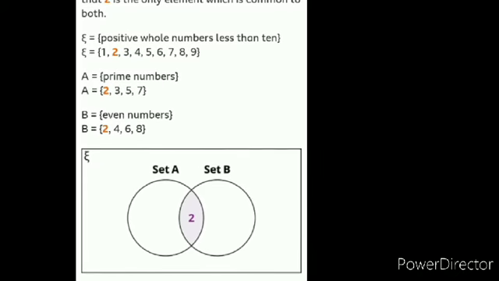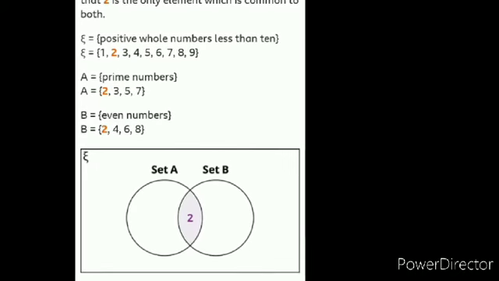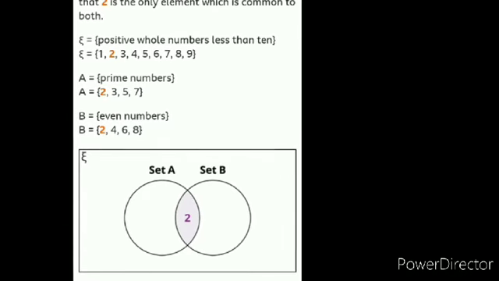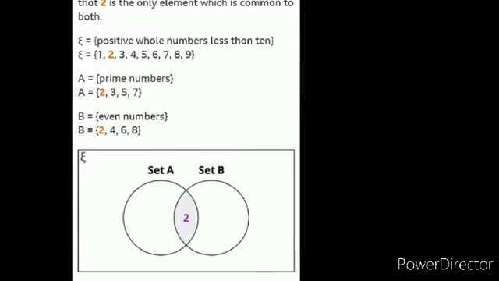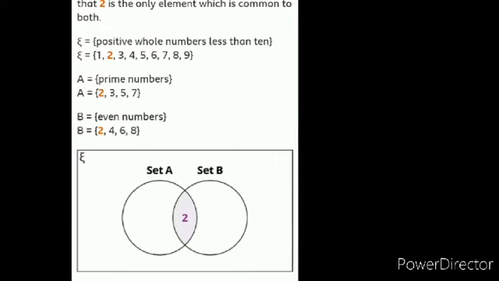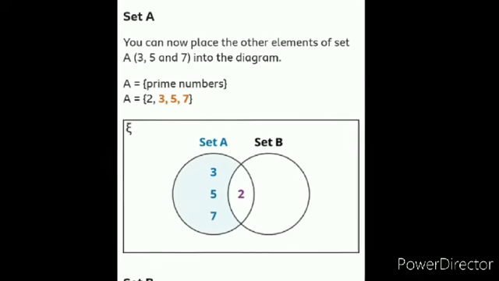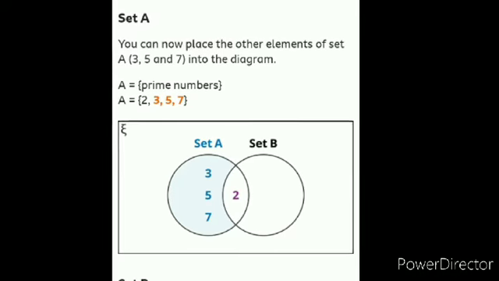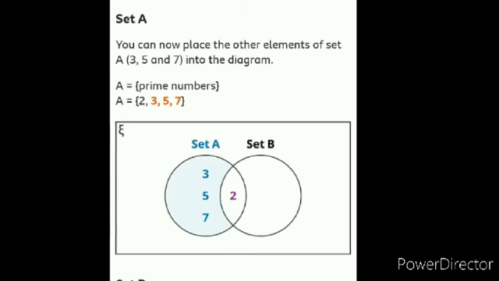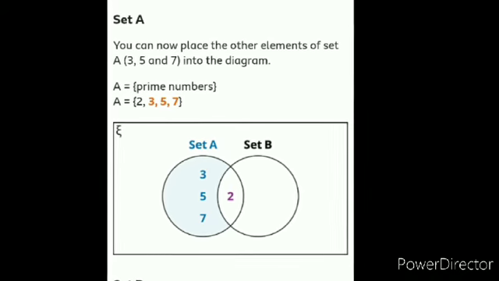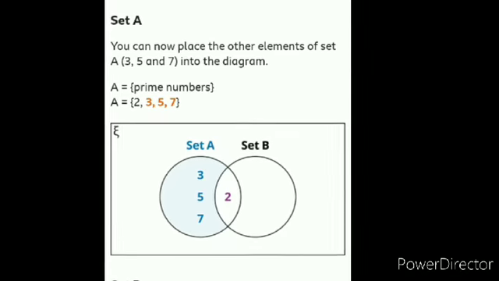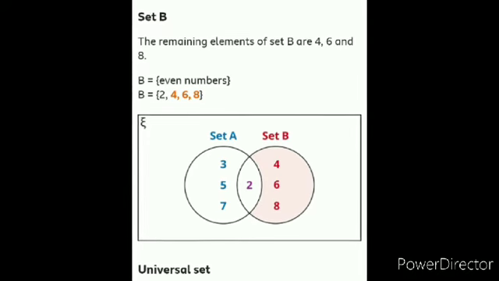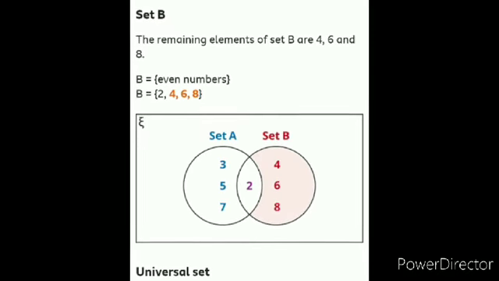By looking at the elements of sets A and B, you can see that 2 is the only element which is common to both. Set A has members 2, 3, 5, 7, and set B has members 2, 4, 6, 8, and 2 is common.